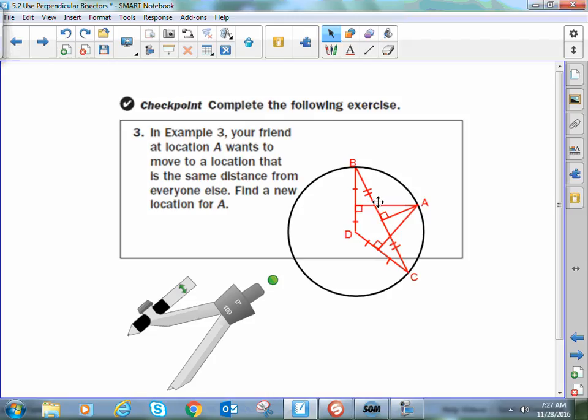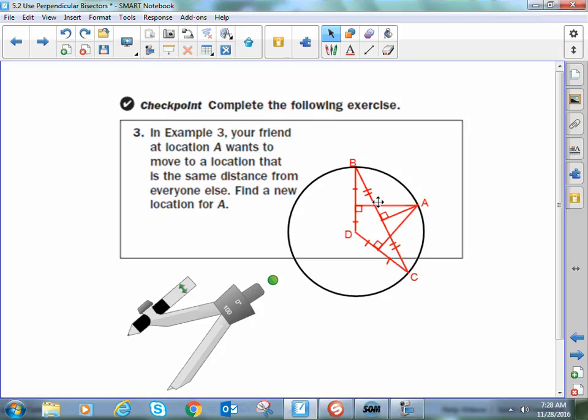So point D, where you were, is still the center of the circle, but the person at point A wants to be the same distance away from person B, person C, and you at D. That makes D still the center of a circle, but now we're creating an obtuse triangle between you, person B, and person C, and person A is going to wind up outside of the circle, and we're going to have something that looks like this.